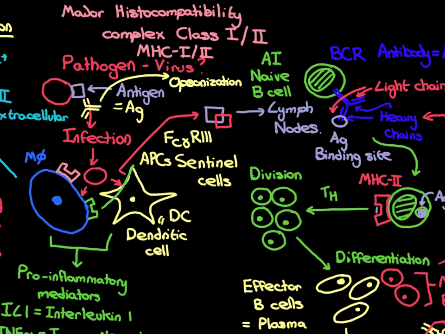This is the Fc gamma R3 receptor, and this can recognize the Fc gamma portion, the fragment crystallizable gamma portion, this lower portion of the antibody molecule, and therefore it can bind to the antibody molecule when it's coating a pathogen, and that's the way that it can recognize these pathogens that are coated with the antibody molecules. So that's one of the key ways that antibody molecules can help in the destruction of pathogens.